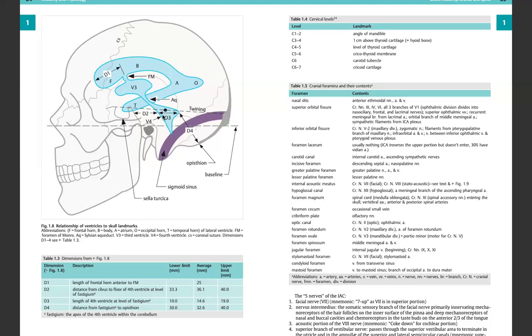Sorry, I'm mixing them up. So this is the fastigium here, within the cerebellum. And there's Twining's line, which is this line.